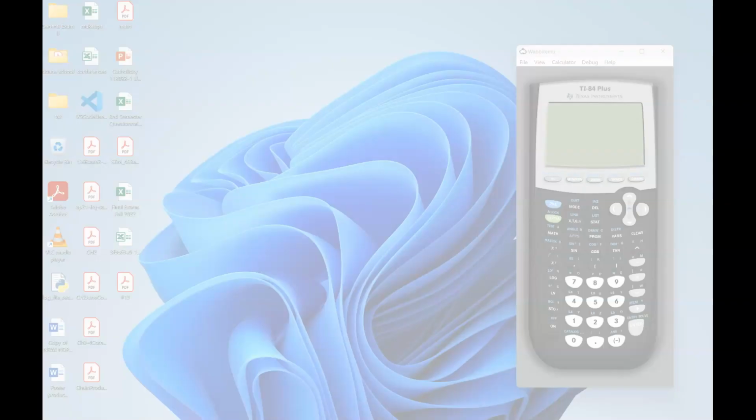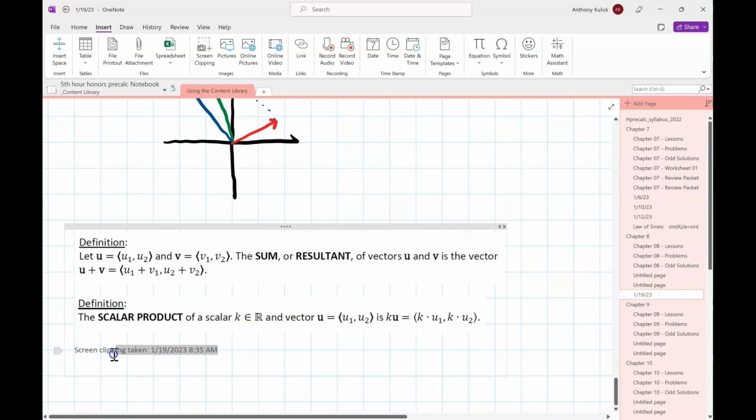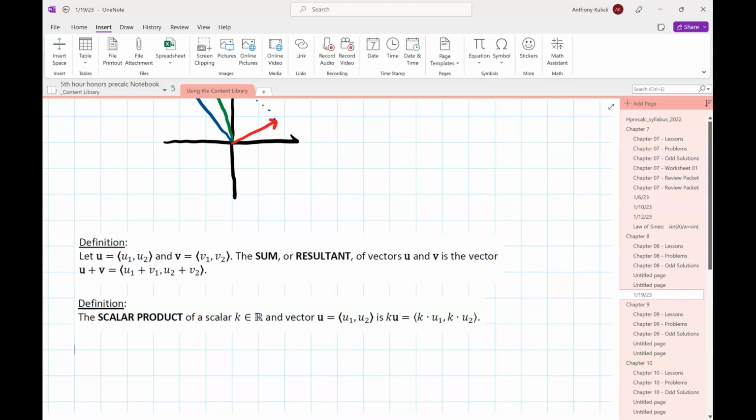So the scalar product of a vector and some real number is just multiply that real number to both the x component and the y component. Now, we call that real number a scalar because it's scaling our vector, right?